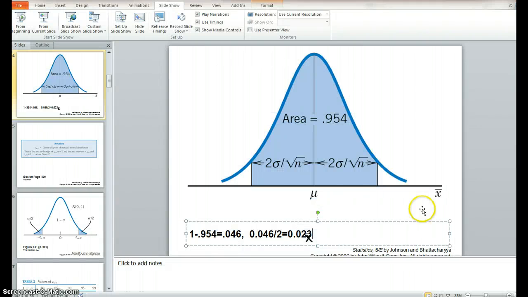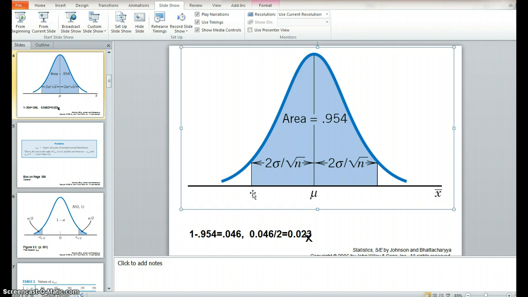So we go back to the presentation. This value here is negative 1.96, and this is positive 1.96. Okay, so for 98%, how do I know it's 2.33? Because 98% means the area under the curve is 0.98.